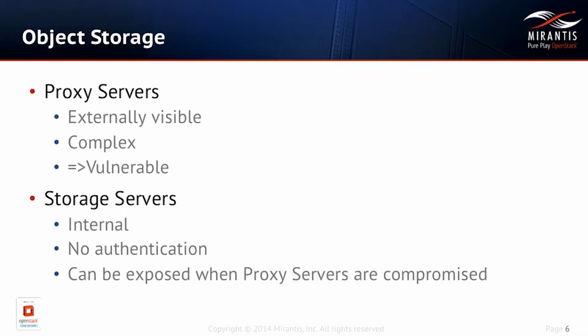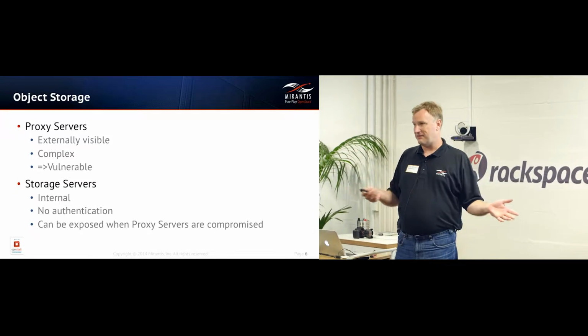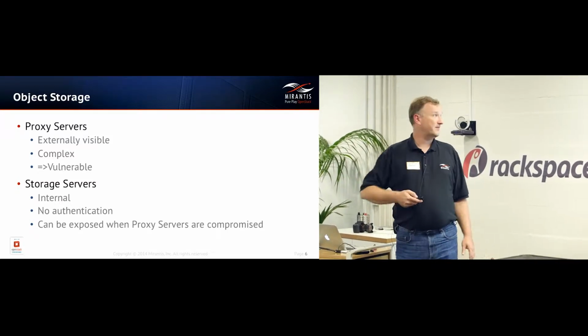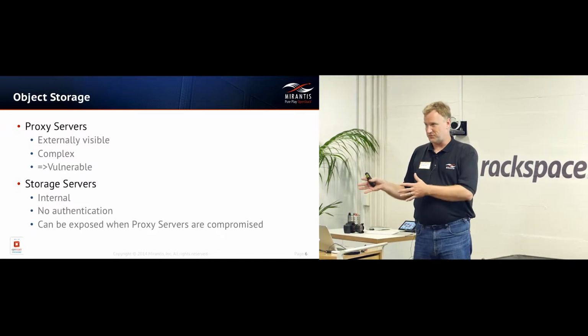In this talk, I limit myself to Swift, not Ceph and a couple of other object storage infrastructures, because every one of them is differently built, and I cannot cover all the topics in the same talk. A Swift cluster consists of a set of proxy servers and a set of storage servers.